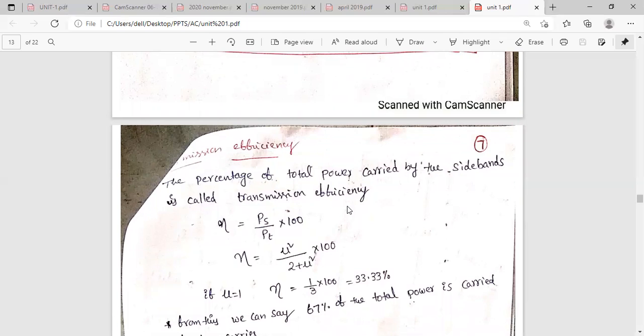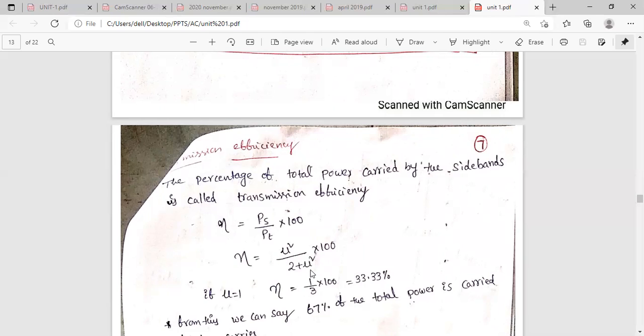So the total sidebands power divided by the total power, into 100, gives the efficiency. Here the sidebands power is nothing but upper sideband power plus lower sideband power. And the total power, we know, is Pc into 1 plus mu square by 2. If you substitute and cancel the terms, the efficiency will be equal to this one.